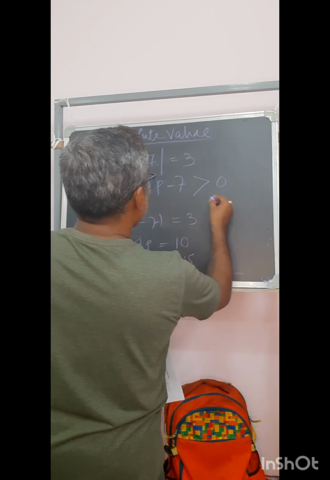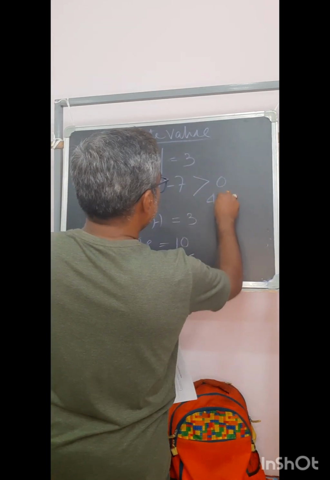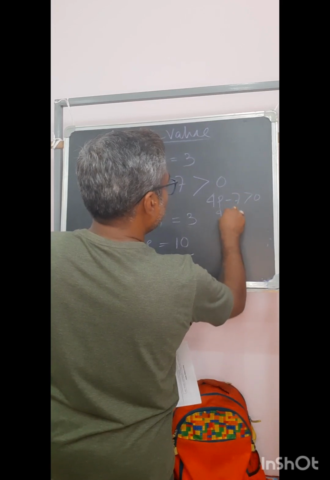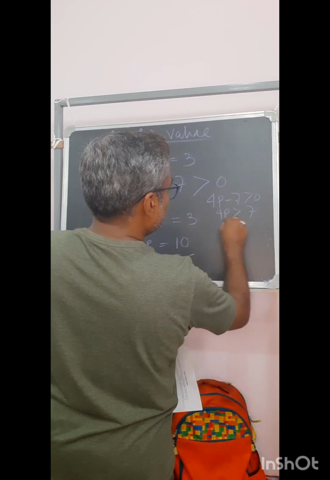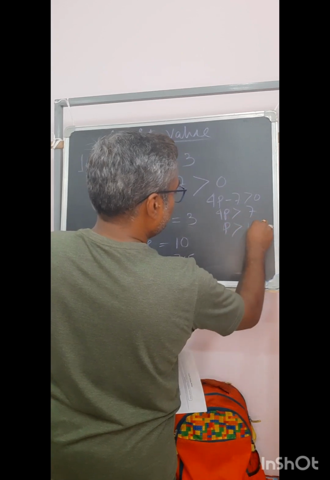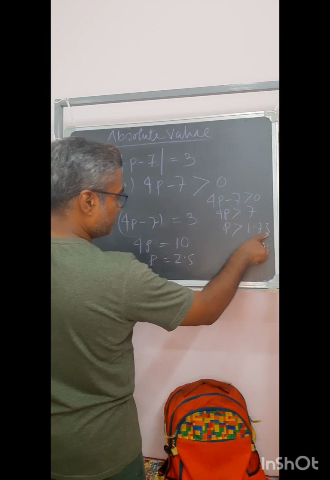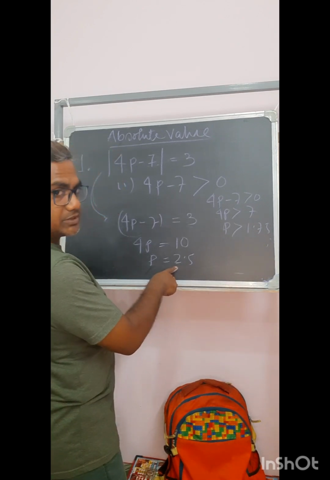Now see if the condition is satisfied: 4p minus 7 is greater than 0. So 4p is greater than 7 and p is greater than 1.75. So if p is greater than 1.75, this also satisfies this one.